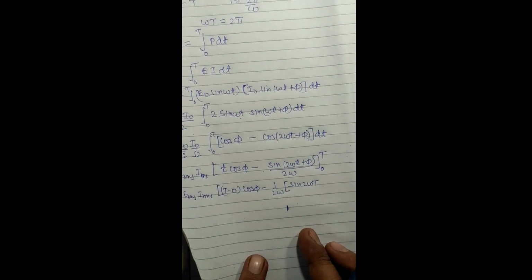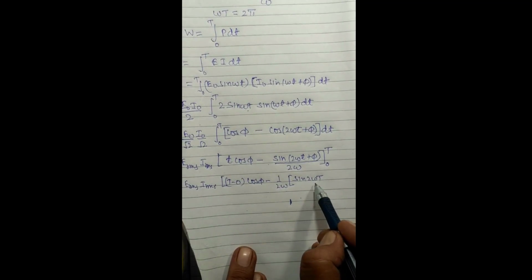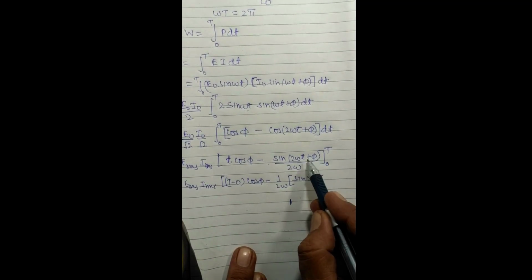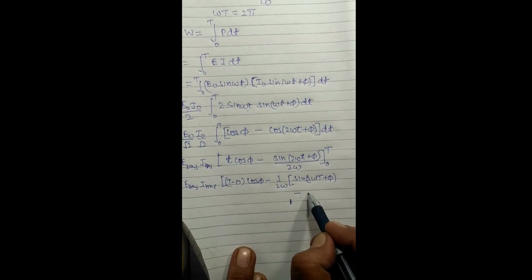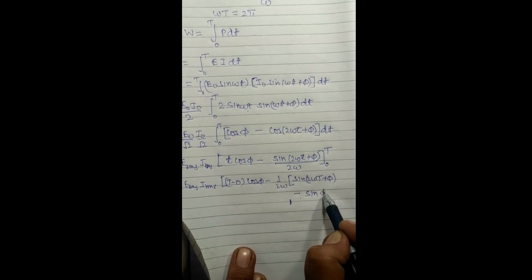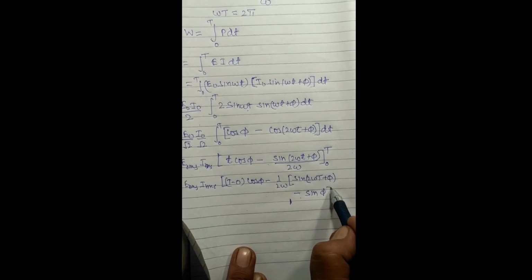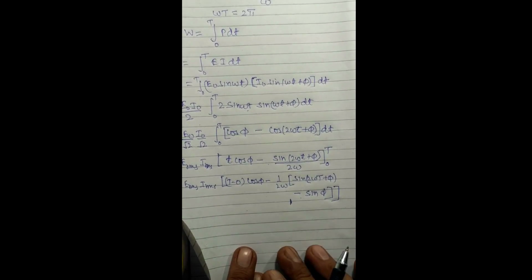What we get? We get 2 omega T plus phi, and minus sine of phi by putting the t as 0. Is that clear? Closing the brackets.